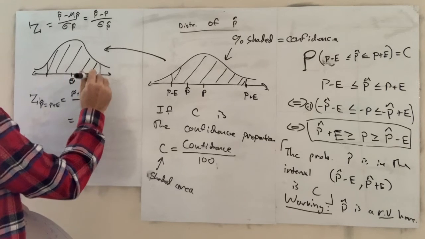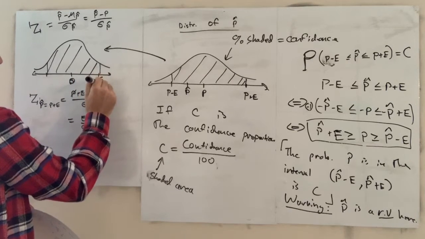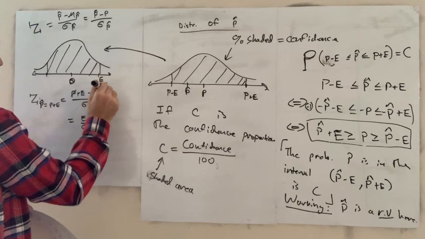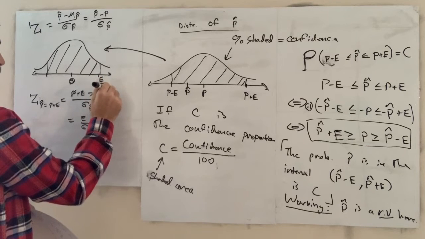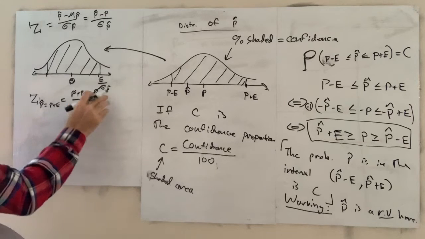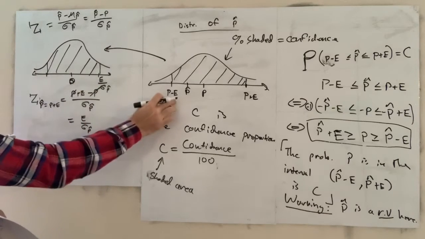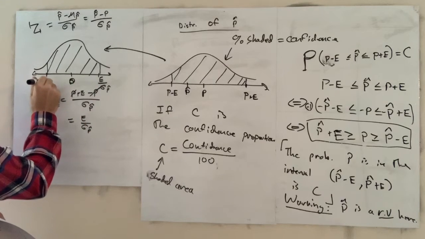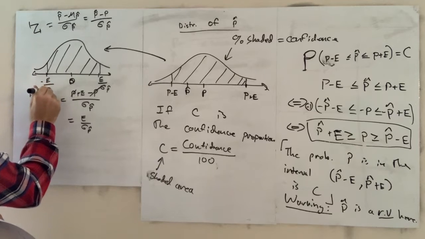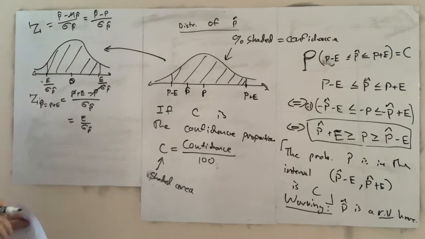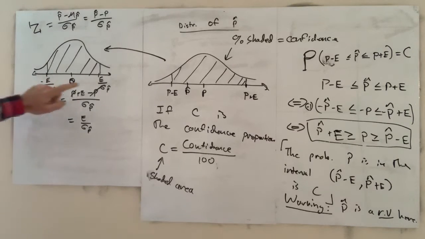So this value here is just our error term over the standard deviation of p hat. And then since this is symmetric, this has to be negative the error term over the standard deviation of p hat. So that's what these are.